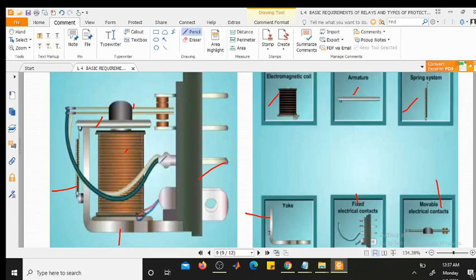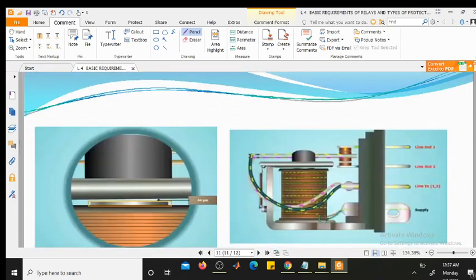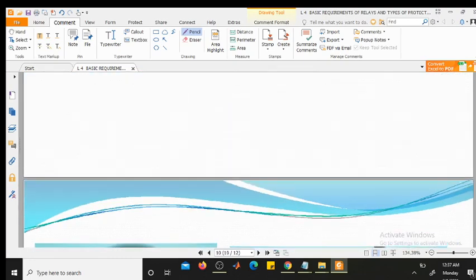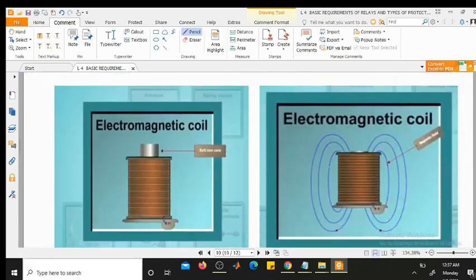The electromagnetic coil is wound with a wire. Here a soft iron core is there, and this soft iron core is wound with this electromagnetic wire.